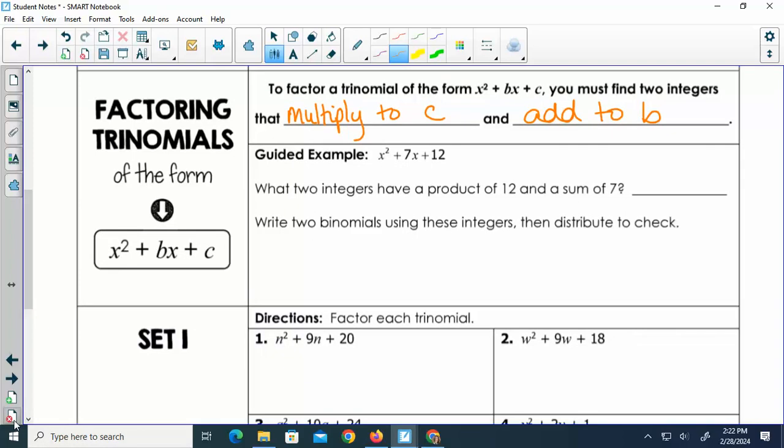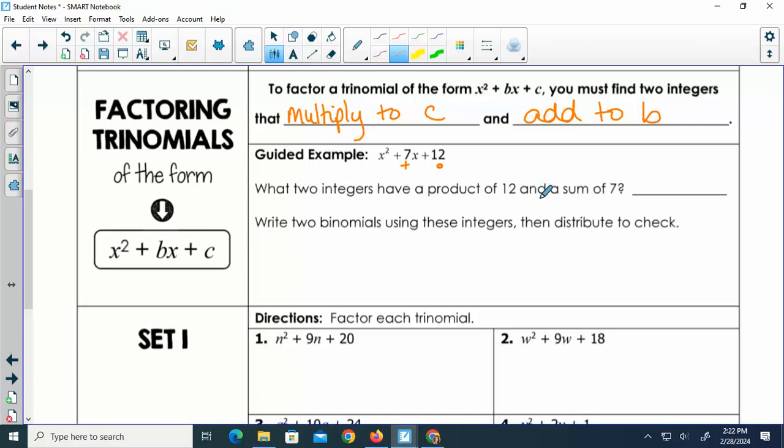All right, so for example, if I gave you x squared plus 7x plus 12, I'm looking for two numbers that would multiply to 12 and add to 7. Now some of you might find this easier than others, because we have to think about our multiplication.